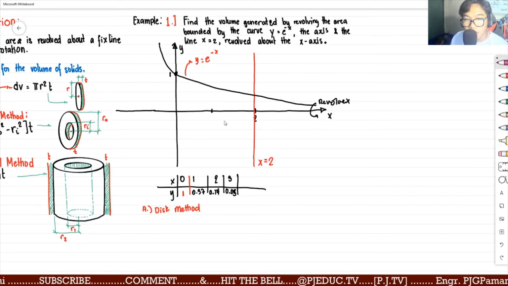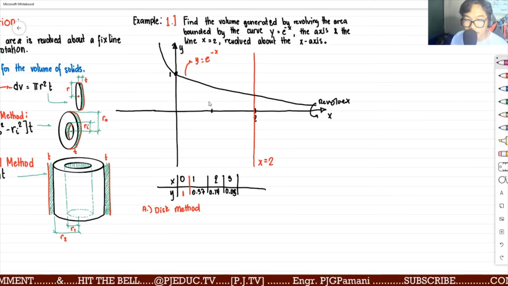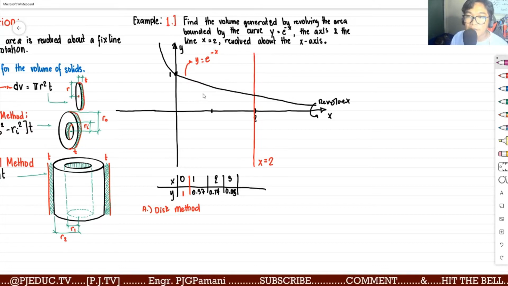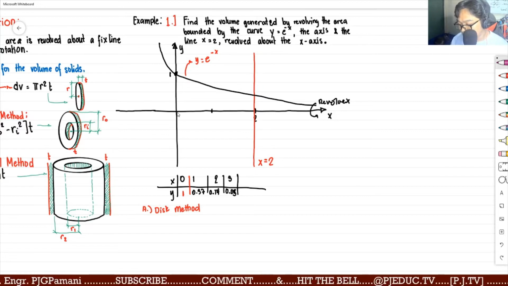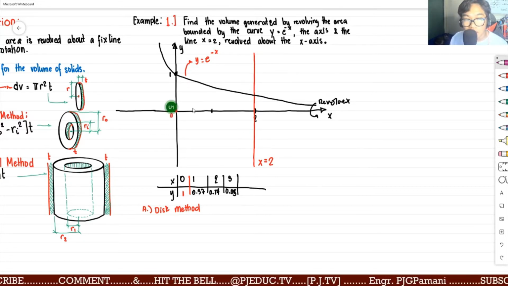x-axis. Then, the thickness. Yung thickness, differential thickness yan. Ibig sabihin, we need to consider a specific element within the span of the curve from the point of origin 0 to x equal to 2. So, kayong bahala.